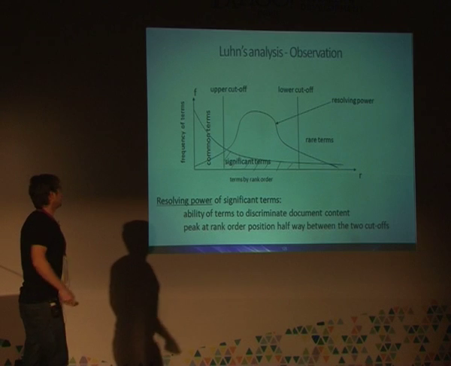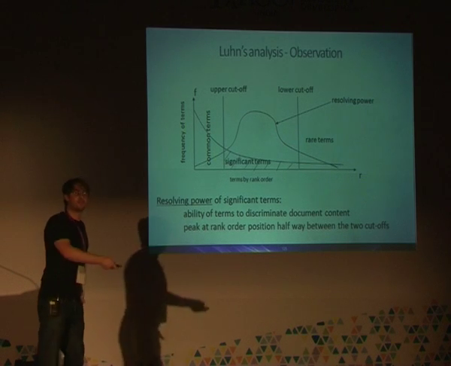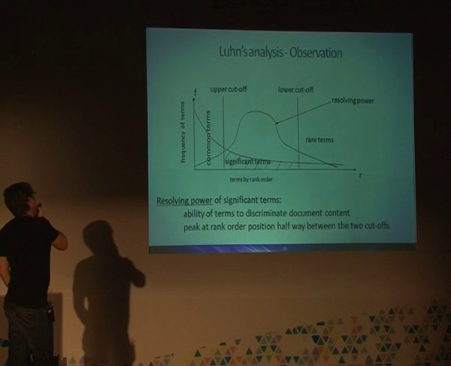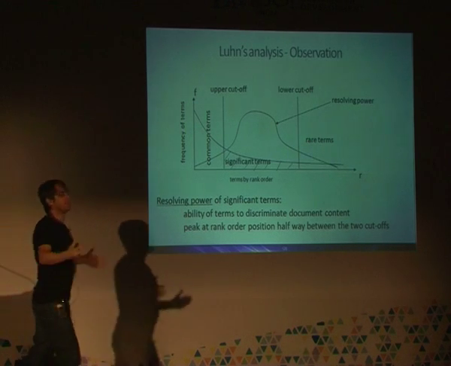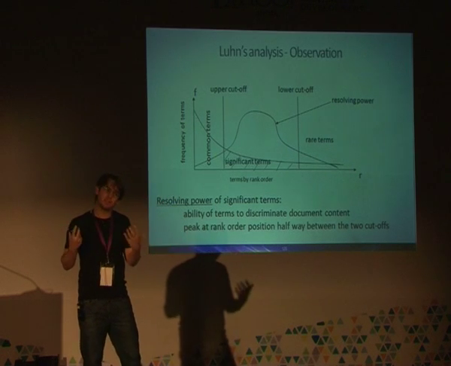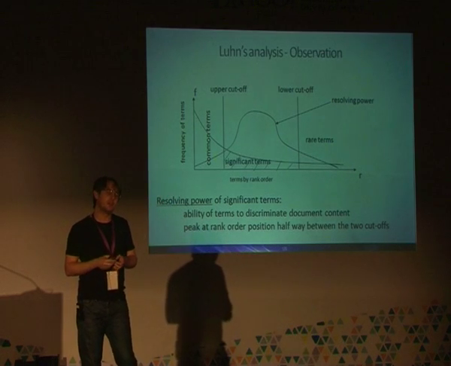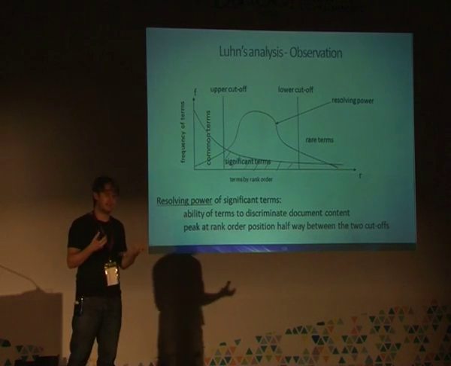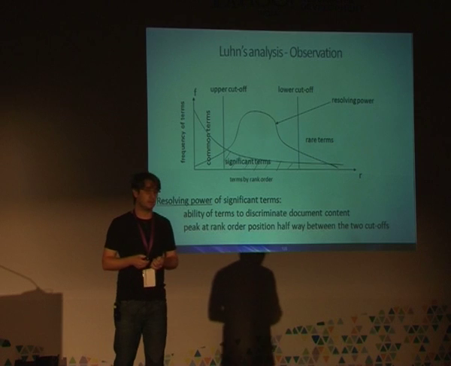Anyway, another observation from Luhn, I don't know how to pronounce it, is that if words are the same in two documents, then the documents are talking about the same thing, but some words are more powerful than others in deciding if two documents are similar.